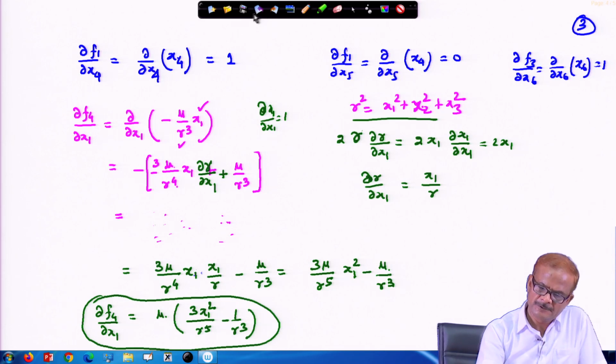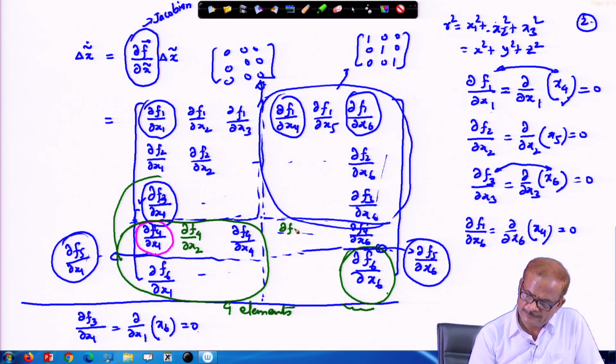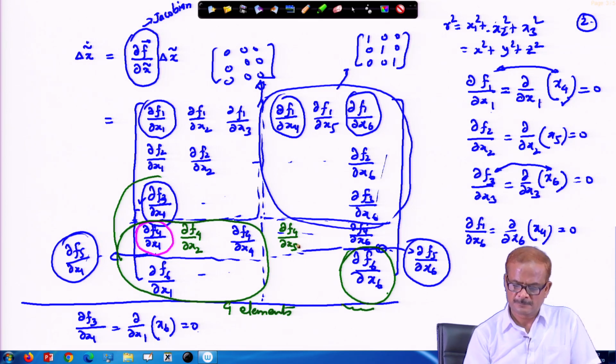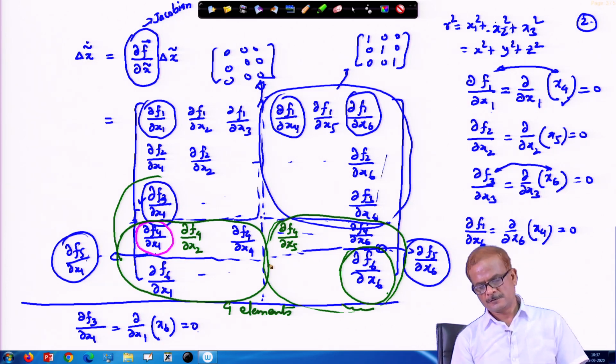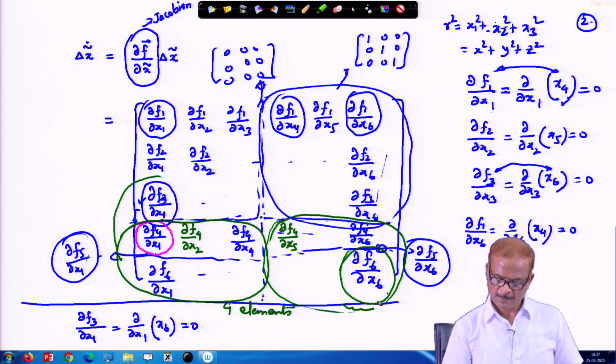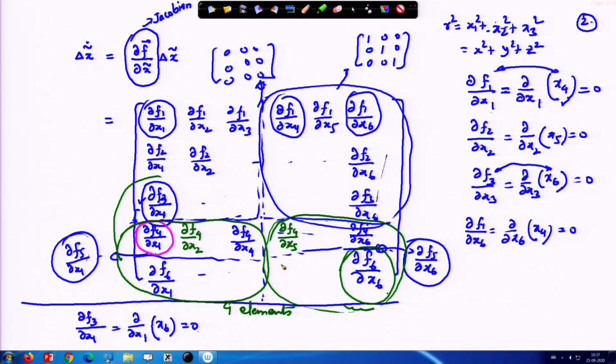Now, the only term that we are left with is here in this row ∂f4/∂x5. This we have to work out, this particular partition. Okay. Similarly, in the sixth row, the last row, this will be ∂f6 divided by ∂x1, x2.